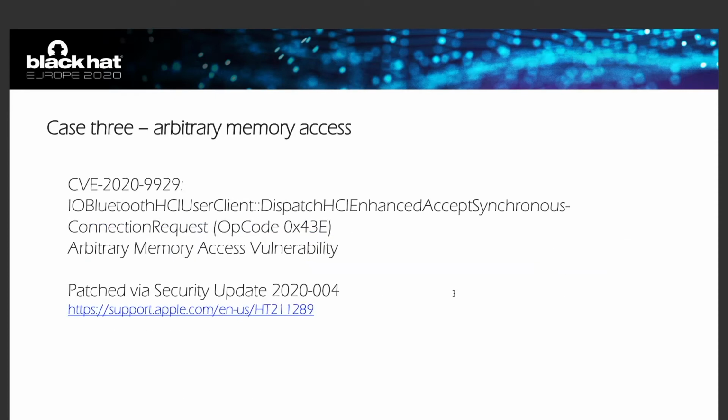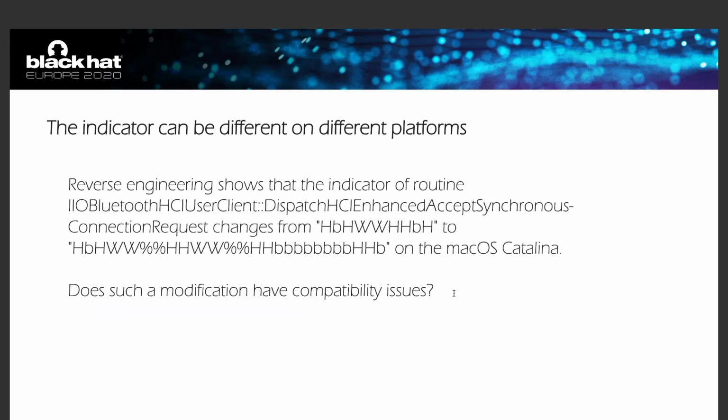Case number 3. The CVE ID of the third vulnerability is 2020-9929, which was fixed in September this year. The reason I noticed this vulnerability is because I found that the indicator of the function HCI enhanced accept synchronous connection request has changed.